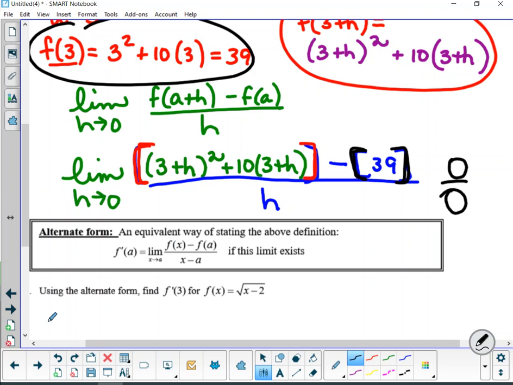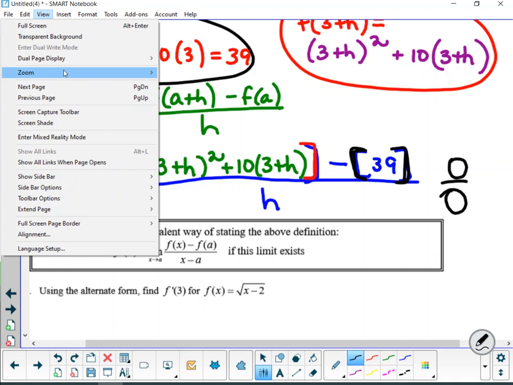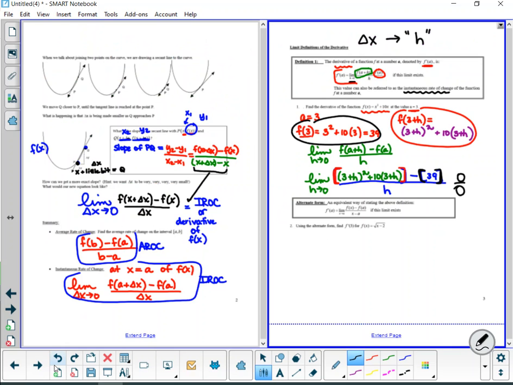All right, so magic technique number 1, expanding. Rewriting this using algebra.